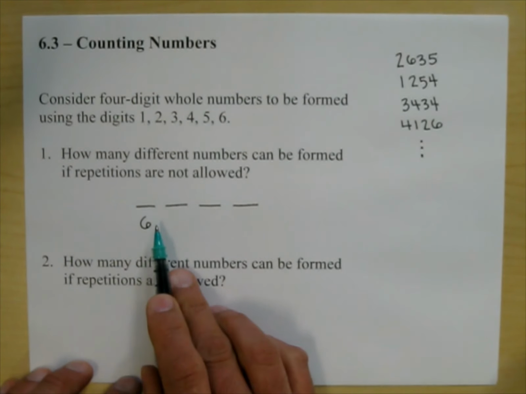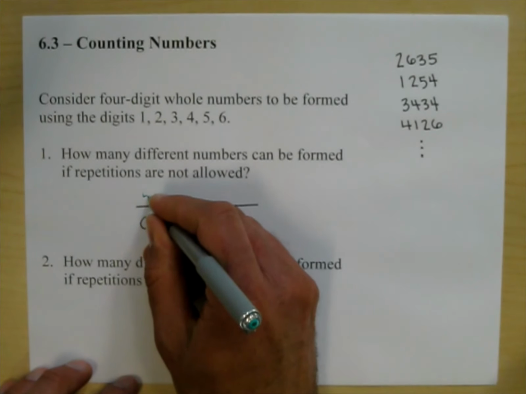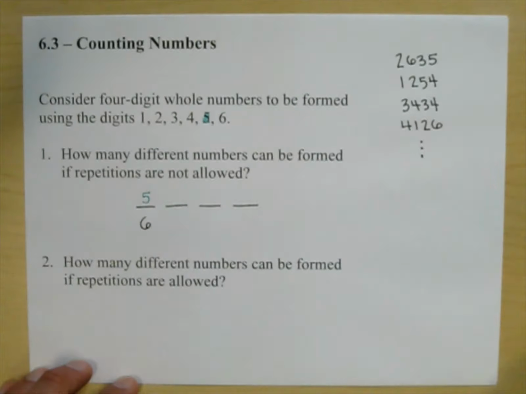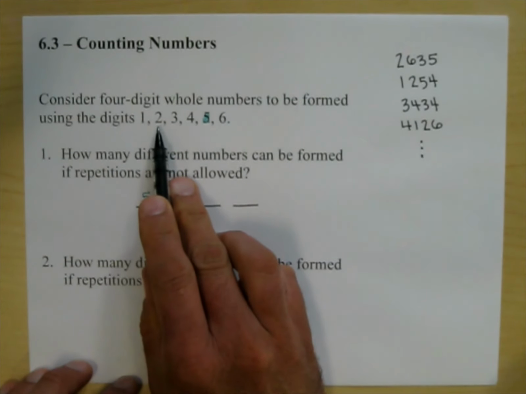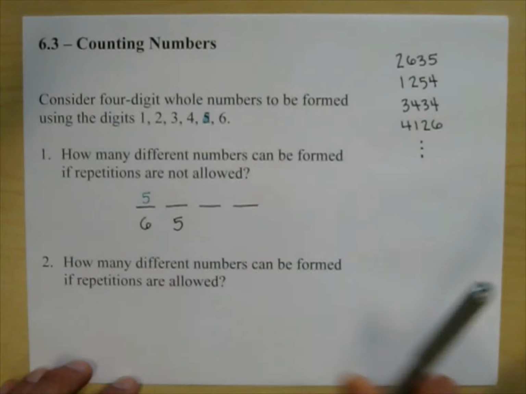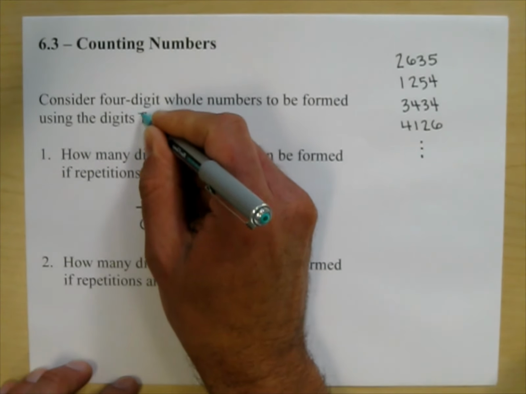Repetitions are not allowed, so let's go ahead and put one of the numbers there. Like, let's put a 5 there. We cross it off the list there. Well, now having used one of our choices, how many choices do we have here? We have 1, 2, 3, 4, 5. We have 5 choices here. Let's put a 1 there. Cross that off the list.